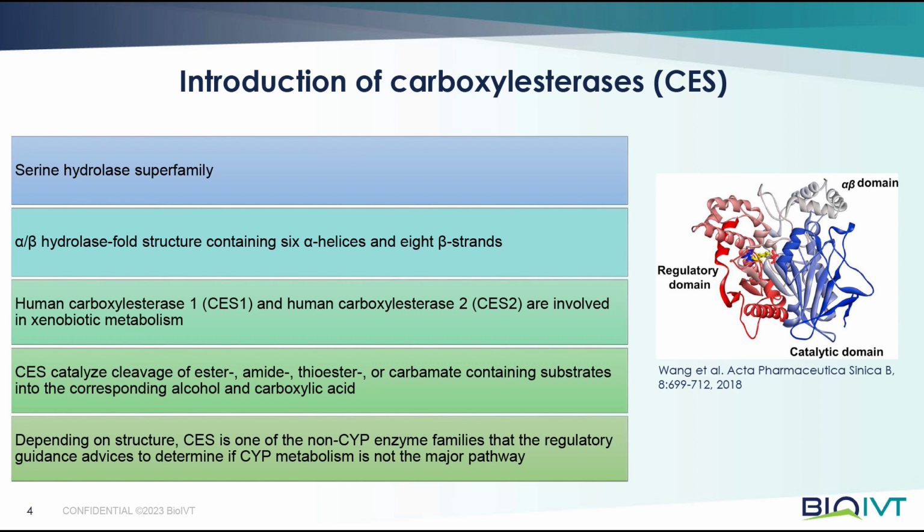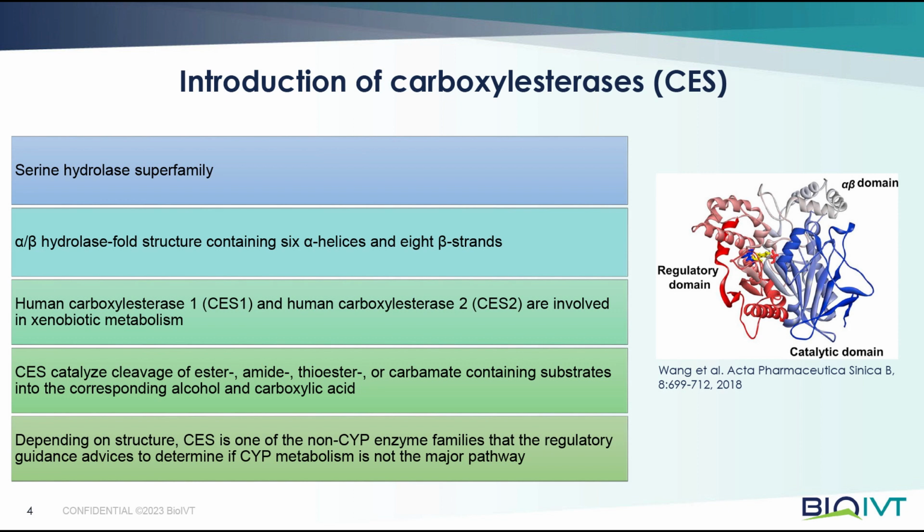So if you look at the serine hydrolases, they have this common motif, so you've got the regulatory domain, then the alpha-beta domain, as well as the catalytic triad. So these all are in common. There's, like I mentioned, several of these across different families, but carboxylesterases in particular are interesting in that in human there's essentially only 1 and 2 enzymes that are involved in basically xenobiotic metabolism.